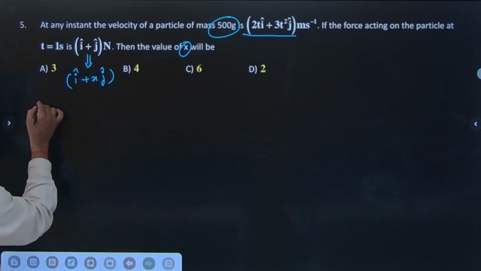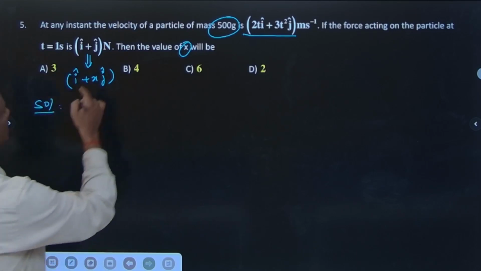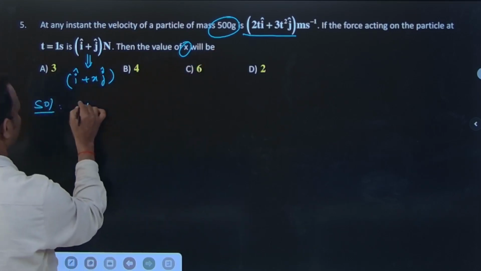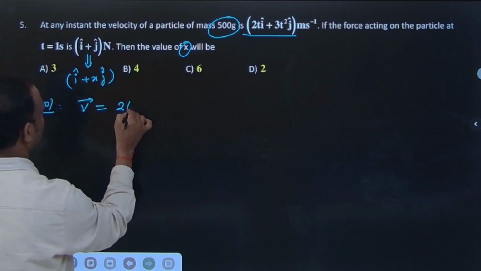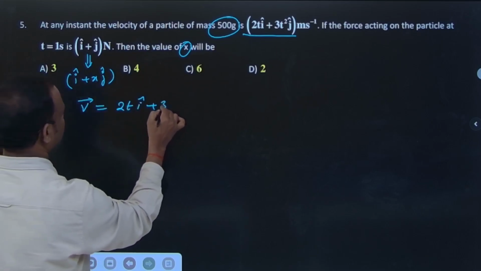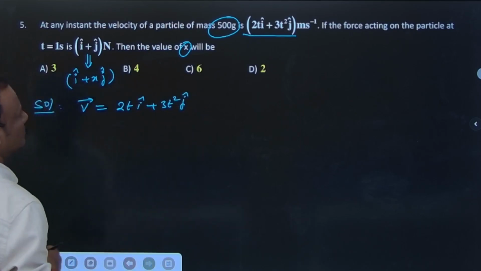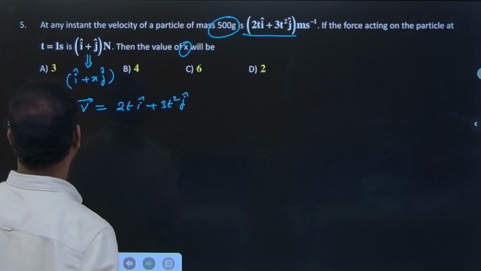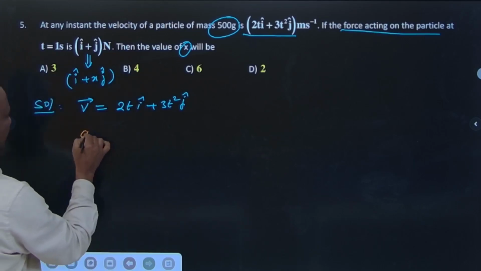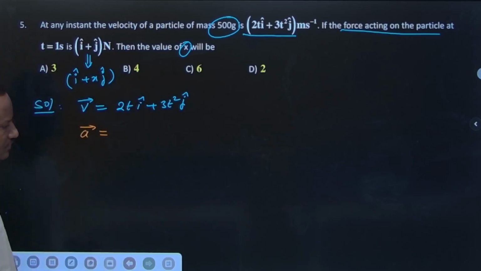The velocity of the particle is given: v bar is equal to 2t I cap plus 3t square j cap. This is the velocity. For the force acting on the particle at t equal to 1 second, you need to find the acceleration.